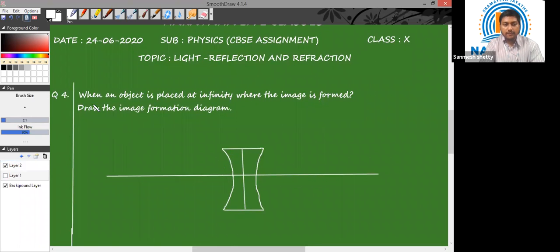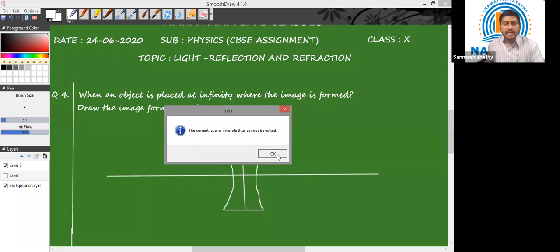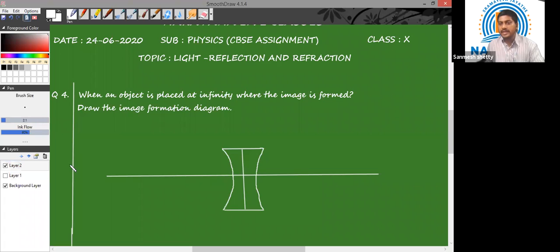The next question is, when an object is placed at infinity, where is the image formed? Again, this is for the concave lens only. So let us first draw the ray diagram for it. If the object is placed at infinity, the rays of light coming from the object are parallel.